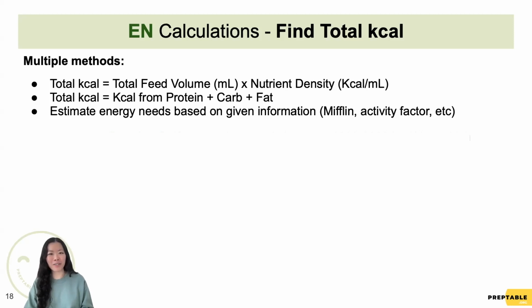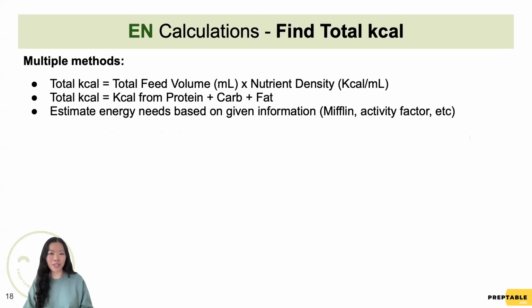But a patient with daily intensive exercise will need around 45 kcal per kilogram of their body weight. We learned how to estimate energy needs in lecture 6. So if you need more clarification on this, please review that lecture.